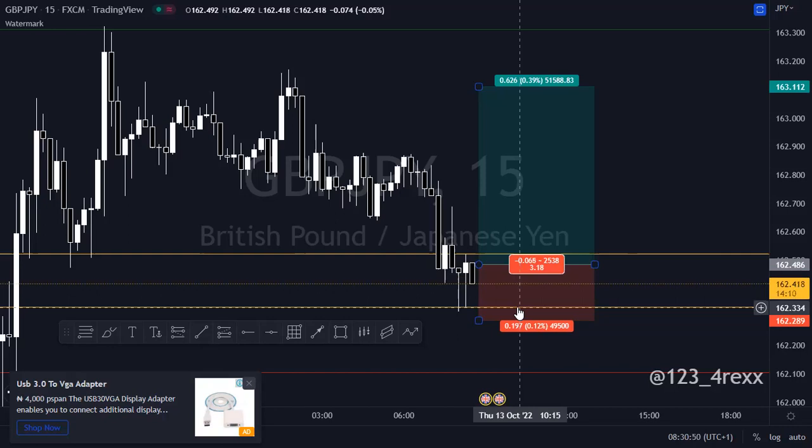19.7. Wow, but then it's impulsing to the downside. Let's see. 19.7. This is GBP JPY. GBP JPY calculates 1.34 size. Oh, GBP USD is not nearing stop loss.